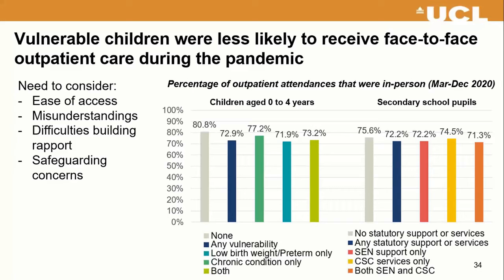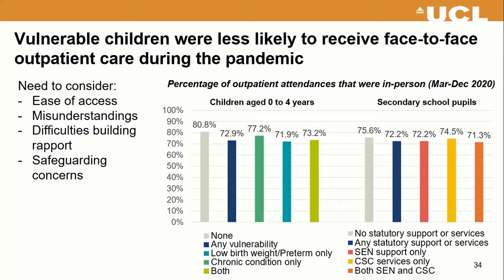And so if we hadn't had this option of remote consultations, then children would have missed out on even more than the 270,000 attendances they already missed out on. But what we were interested in exploring was whether there was any kind of inequality of access in terms of vulnerable groups being able to attend face-to-face versus virtual or remote appointments.